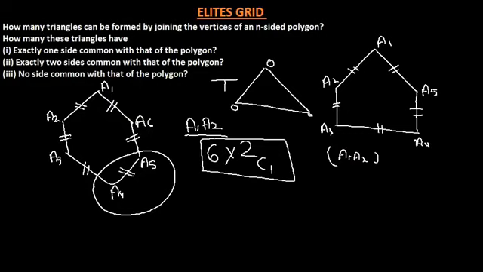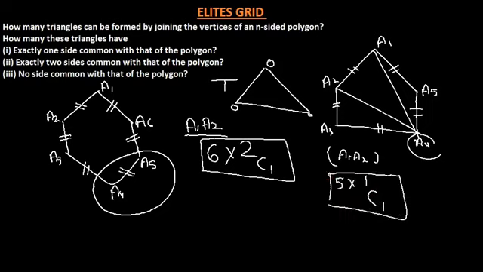In this case you will select A4. That means this will be your triangle. From the remaining 1 point you will select 1 point, so this will be 5 into 1C1, because you can select one side in 5 ways. In the same way, in a hexagon you can select one side in 6 ways.